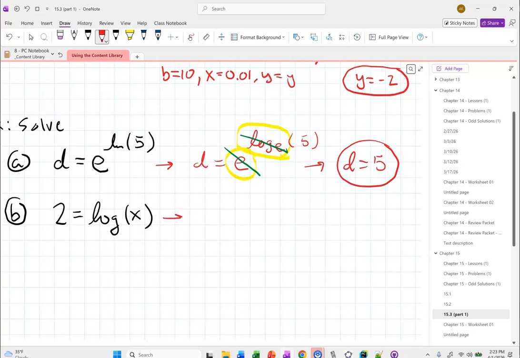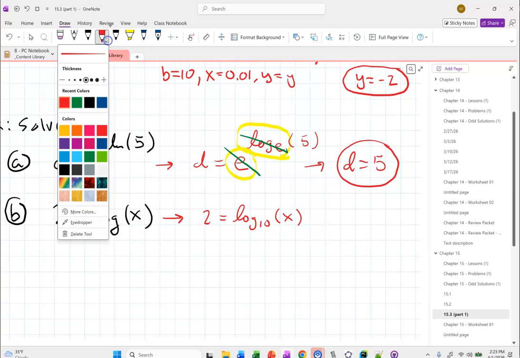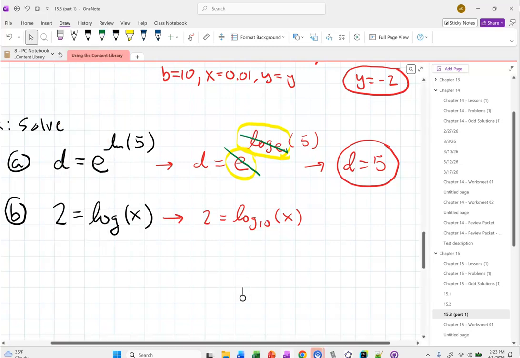So in example B here, we have 2 is equal to log of x. What base is that logarithm? Okay, so log base 10 of x. If I want to get that x by itself, I need to cancel off the log base 10 there, right?